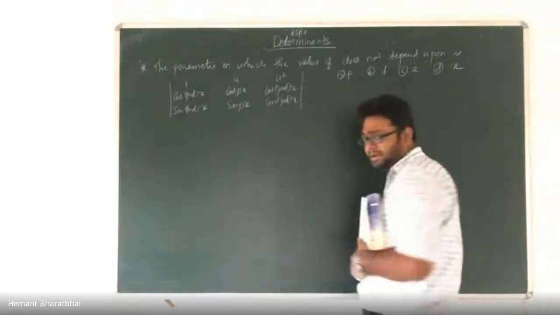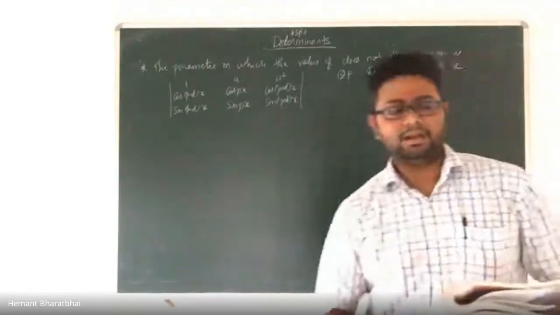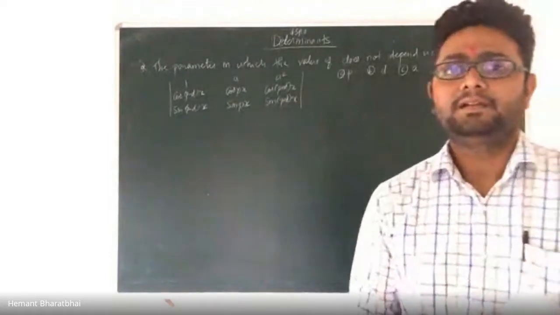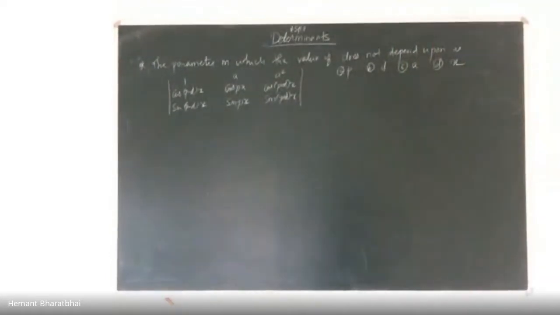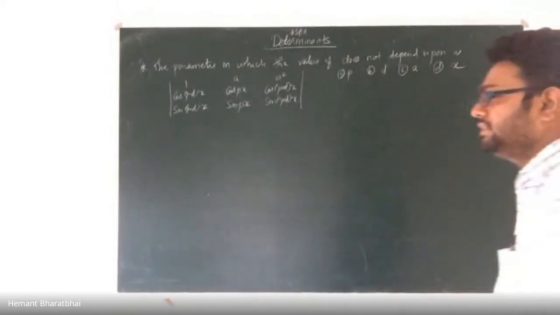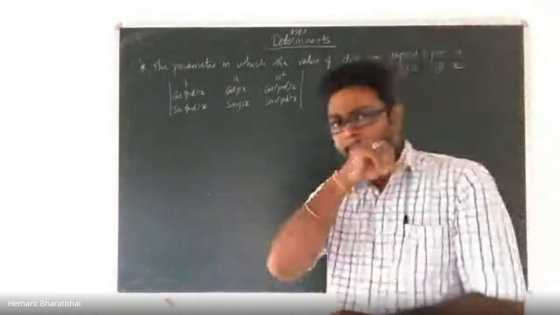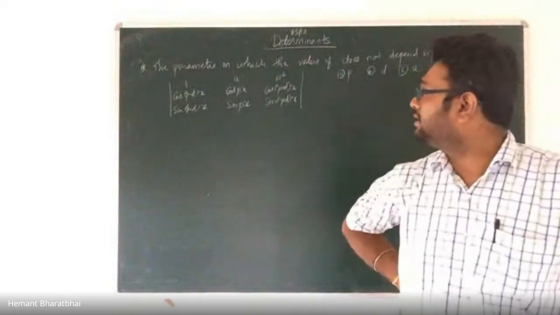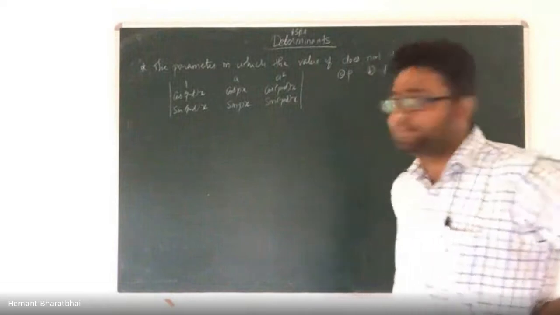So on which parameter is the determinant of the given question independent? That means we will have to solve this entire determinant, and once we get its value, one of the things should be missing.